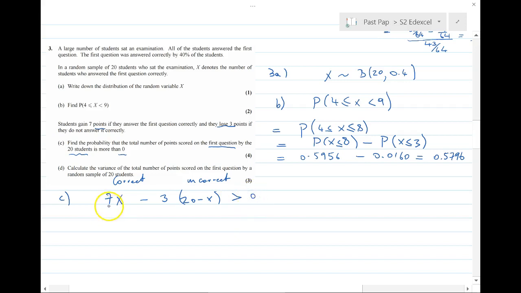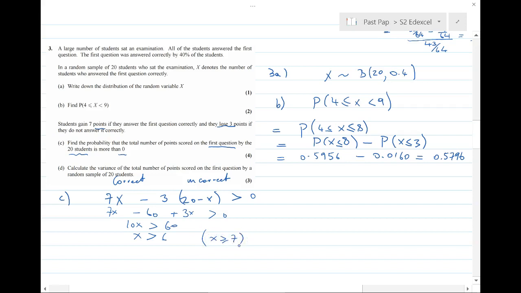So solving this is not going to be difficult. 7x minus 60 plus 3x is greater than 0. So we have 10x is greater than 60. So x is greater than 6, or x is greater than or equal to 7.